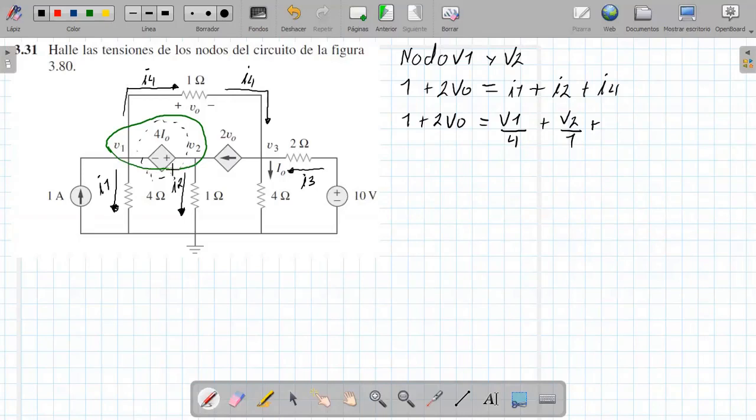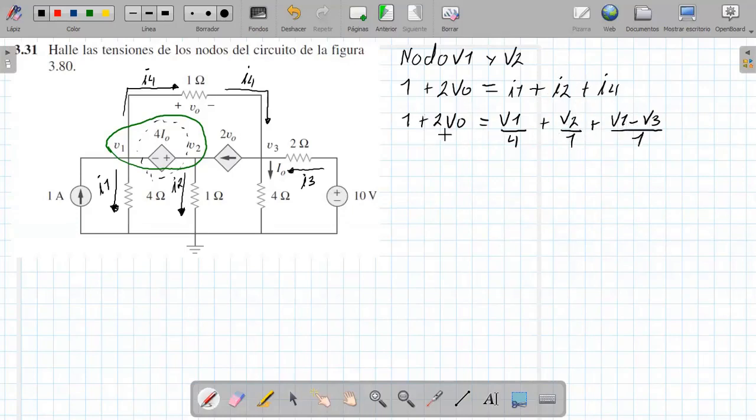Let's remember that although I called all this a node, it does not mean that the voltage on the 4 is V1 plus V2. It would be the voltage of this point minus V3, why not V2? This is a supernode, but we still have to find an equation to complete it. We'll see it now. So the current I4 comes out as V1 minus V3 over 1.